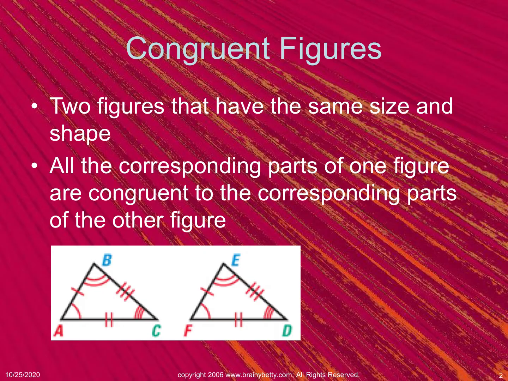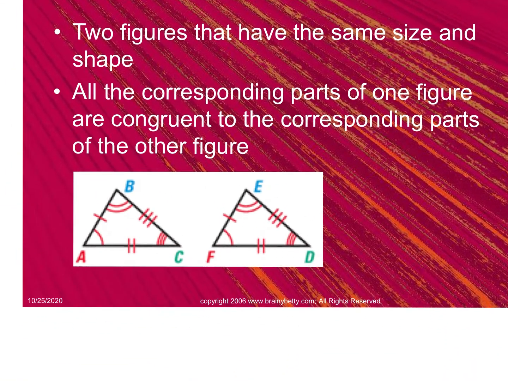So I'm going to go ahead and go through these two pictures and I'm going to show you all of the corresponding parts. And notice the angles have been color coded for you. Notice angle A and angle F are both written in red.